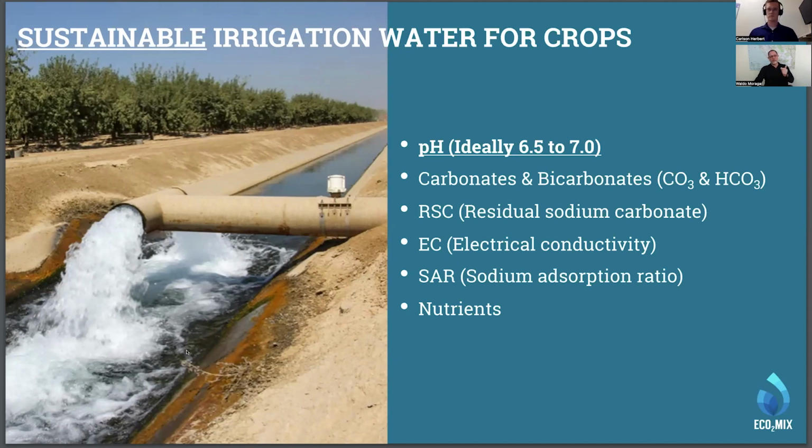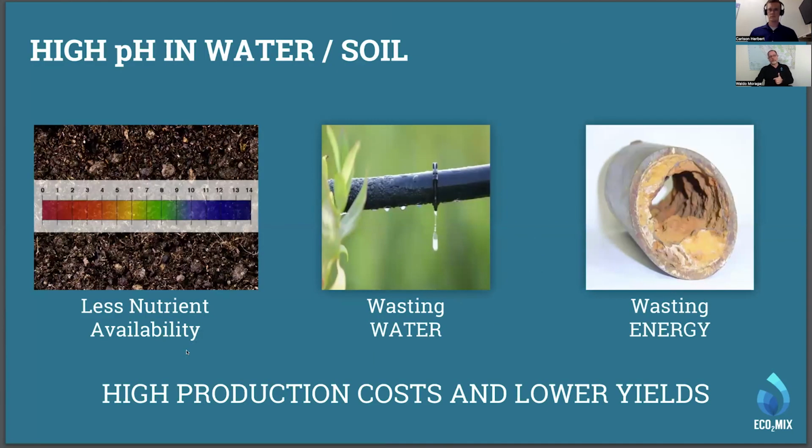High pH can be a problem for agriculture, either when it's in the water or in the soil. One of the most important problems with high pH is nutrient availability. If the pH in the nutritive solution in the soil is not the right one, it doesn't matter how much fertilizer we apply. The plant cannot take all of it.